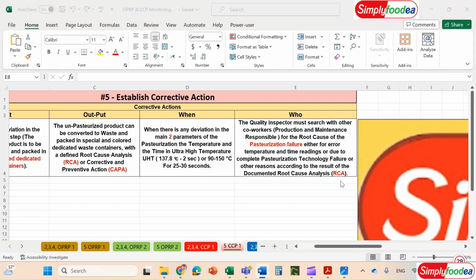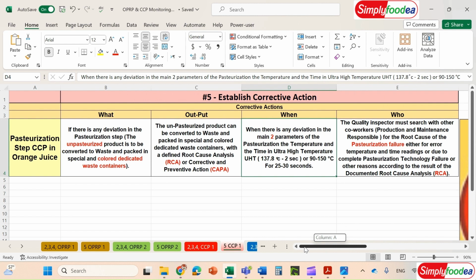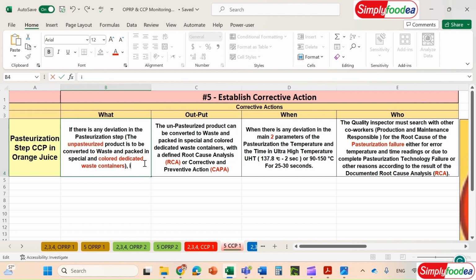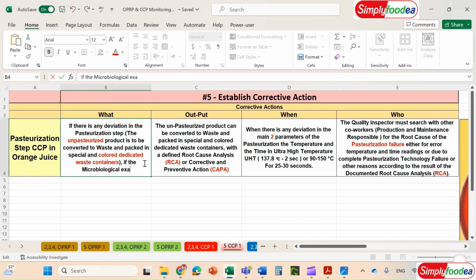So how can I monitor the effective result of the pasteurization? Also, we can mention here the output. I can mention here if the microbiological examination or sample results are out of specs.